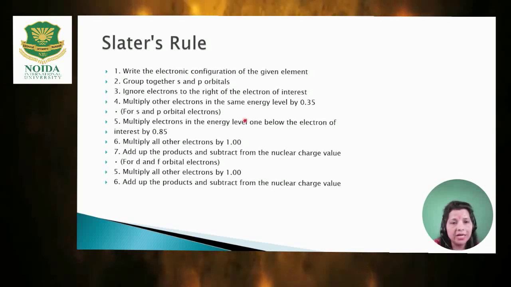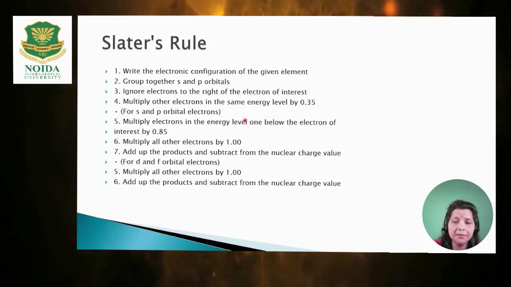If you want to calculate the effective nuclear charge, first you need to write down the electronic configuration of the given element. Then you group the remaining electrons, whether they belong to the s orbital, p orbital, d orbital or f orbital. The outermost shell is known as the nth shell, and after that it is n-1, n-2 and n-3.